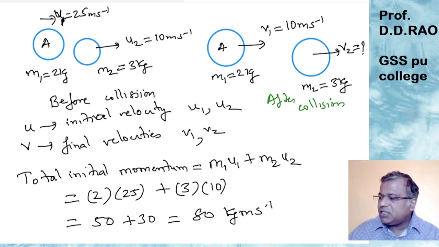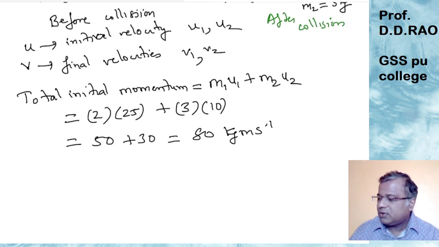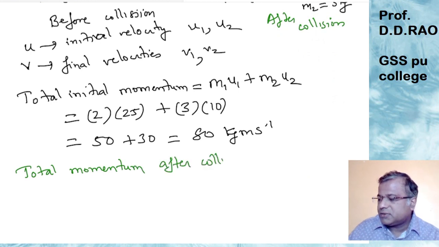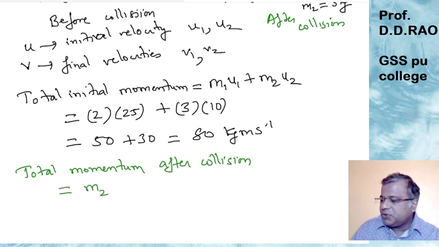So after collision, if I calculate the total momentum, I'll have to use m2 v2 plus m1 v1.